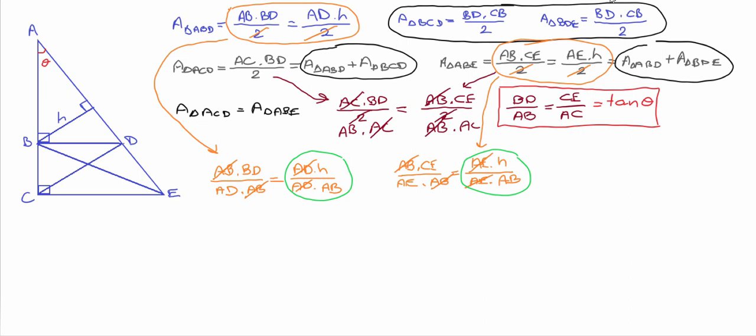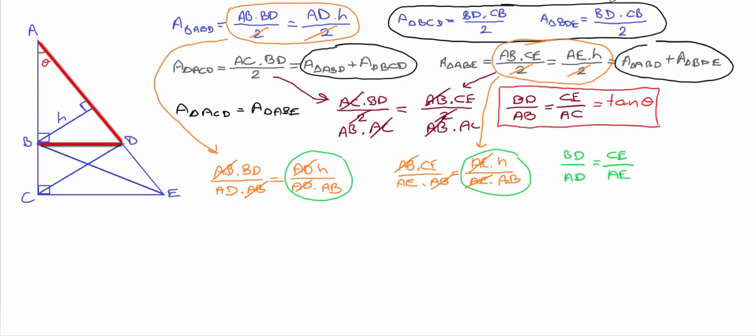If both expressions are equal to H divided by AB, then they are equal to each other. BD divided by AD is equal to CE divided by AE.